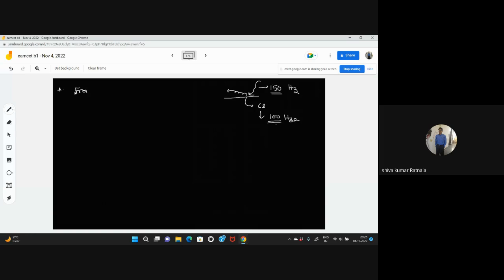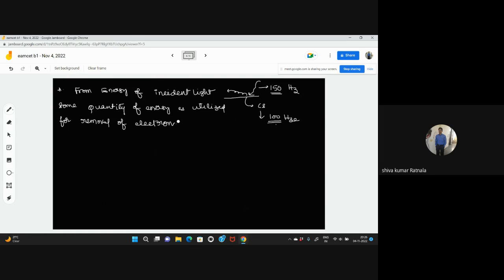From the energy of the incident light, some quantity of energy is utilized for removal of the electron.